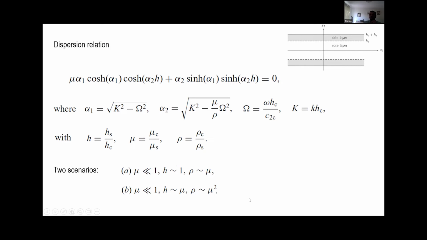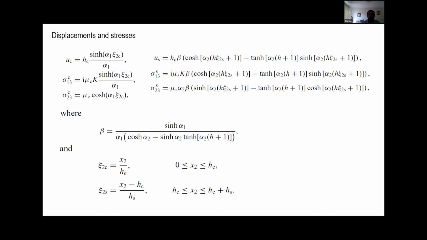So the second case is much closer to the classical sandwich type structure, when you have a thin coating on top of the core layer. And the first one is something different. Well, actually, it is an approximation of the idea. The main idea here would be close to photovoltaic panels. Okay, so we will be looking at both of them.